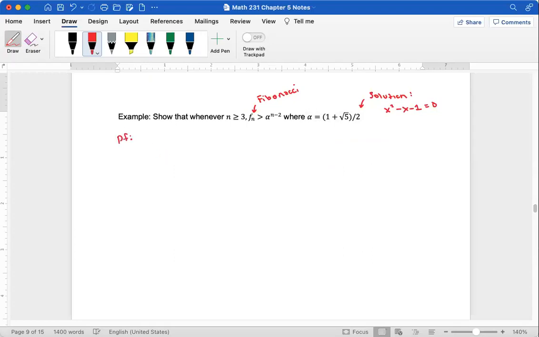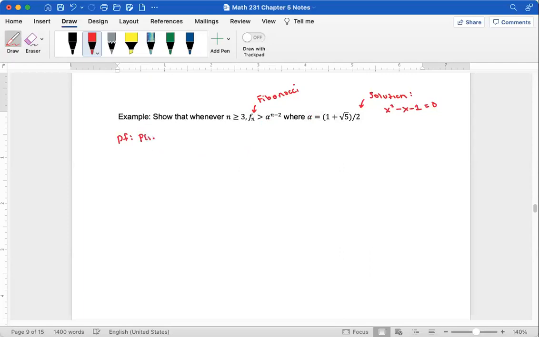So because we're talking about a statement that n is bigger than or equal to 3, whenever that happens, f sub n, that Fibonacci number, is going to be bigger than alpha to the n minus 2, where alpha happens to be this magic number here. Okay, so let's create a proposition.